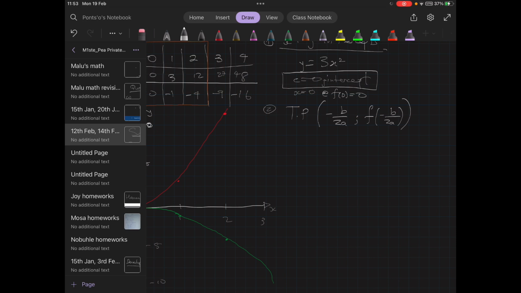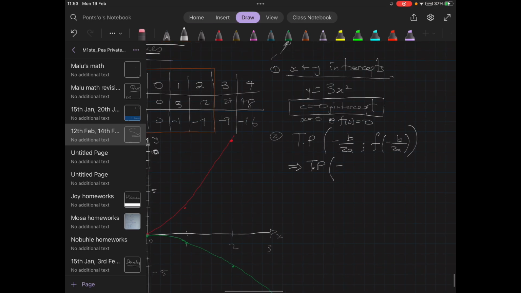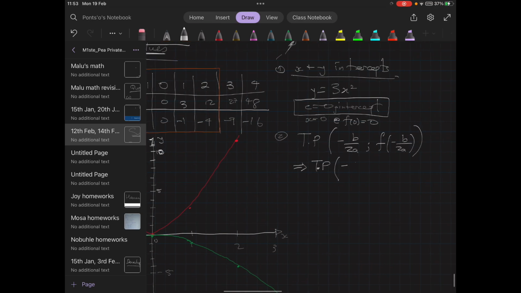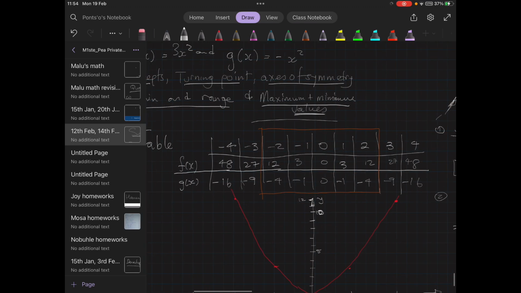In this case, the value of b is 0 and a is 3, therefore the function of 0, so our turning point is the point (0, 0).